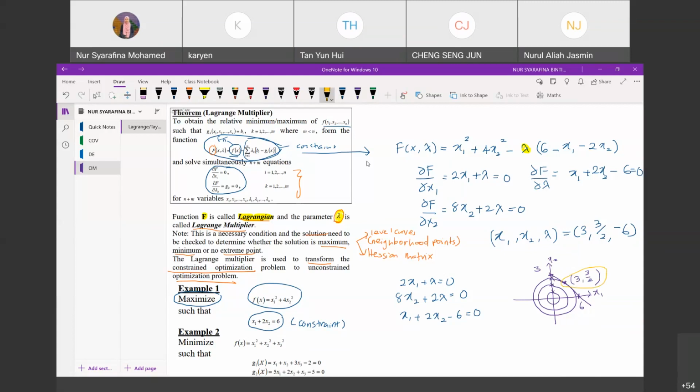As you compare to the highest curve here, is it maximum or not?